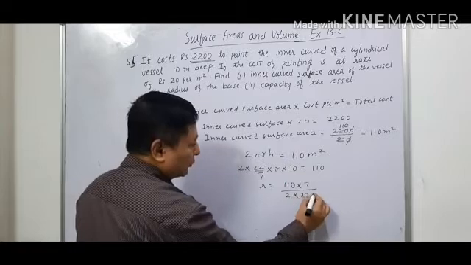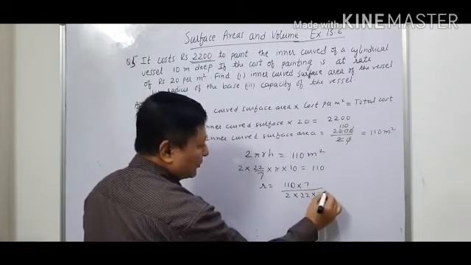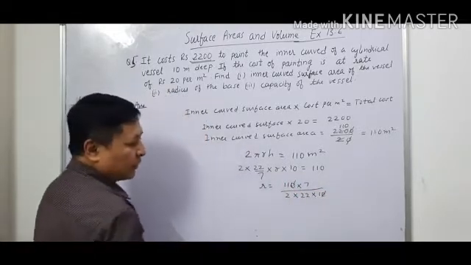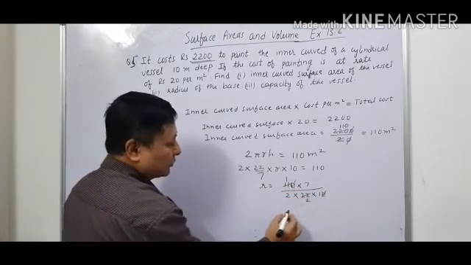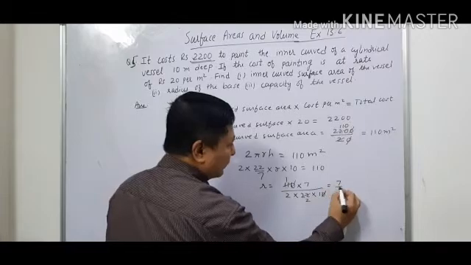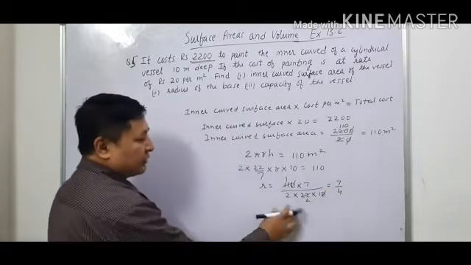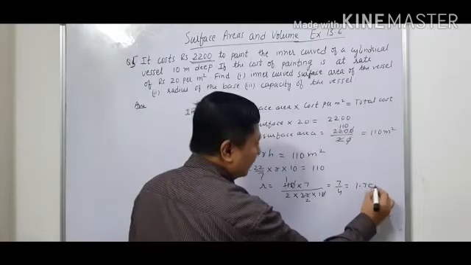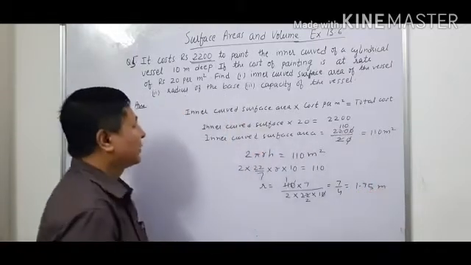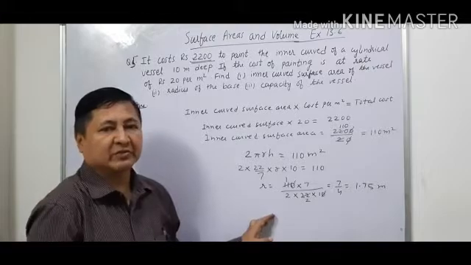We cancel the 0, then 11 ones are 11, 11 twos are 22. That is equal to 7 upon 4, which is 1.75 meter. So the radius of the base is 1.75 meter.